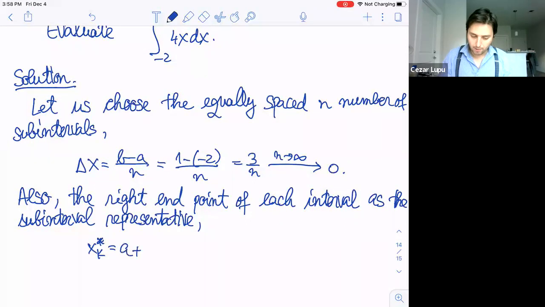It will be a plus k times delta x, which will be -2, since a is -2, plus 3k over n.